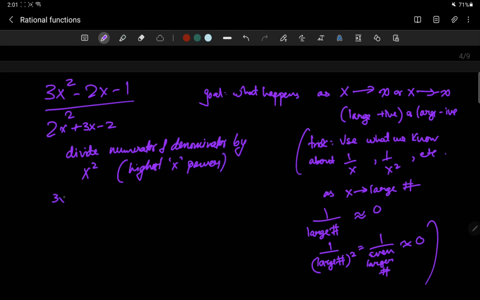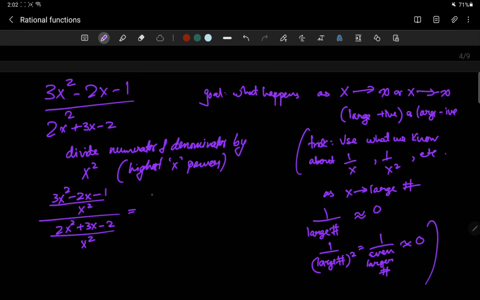So I get (3x squared minus 2x minus 1) over x squared, divided by (2x squared plus 3x minus 2) over x squared. This is valid because dividing both numerator and denominator by the same number is essentially dividing this fraction by 1, which leaves it unchanged.